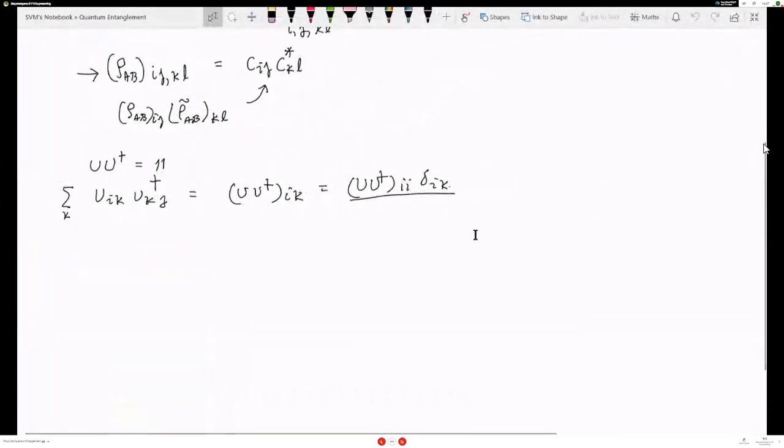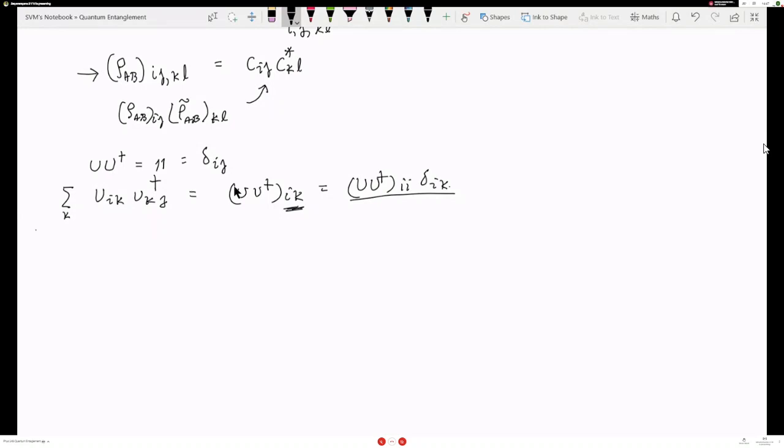Sir, how did you write that IK as II? Because this is identity, no? Identity will be simply delta IJ. The IK element will be there only when K equals I, otherwise it will be 0.